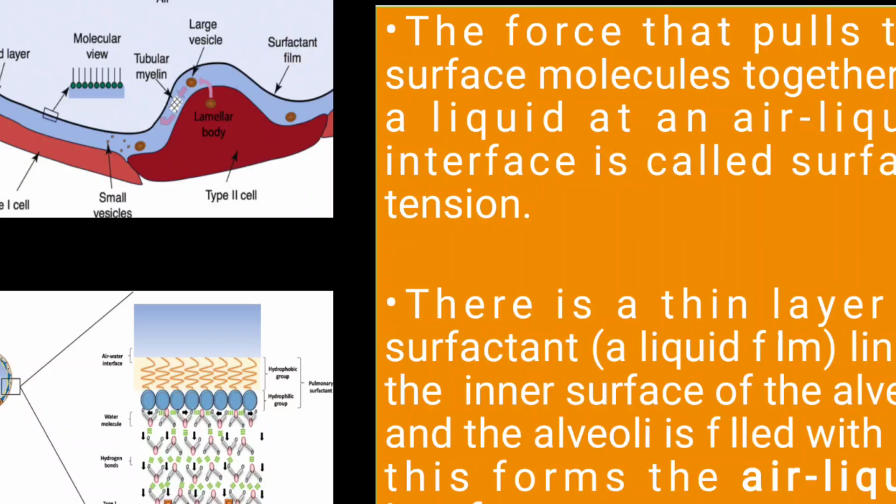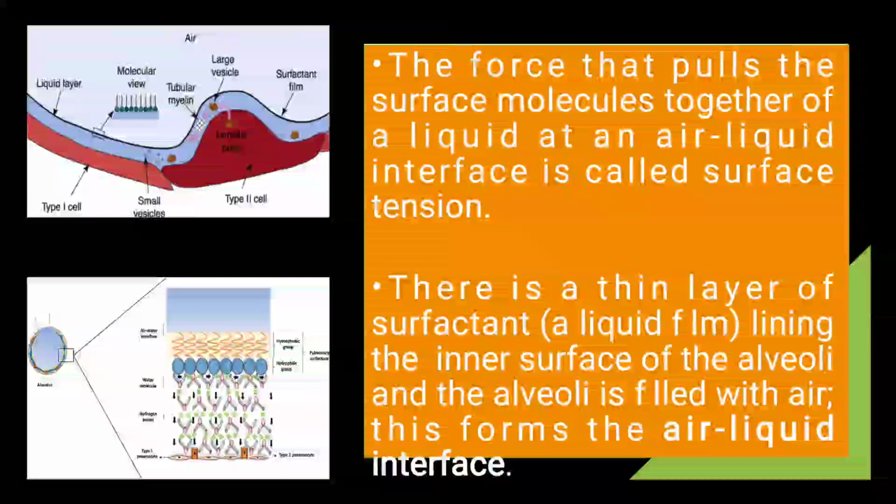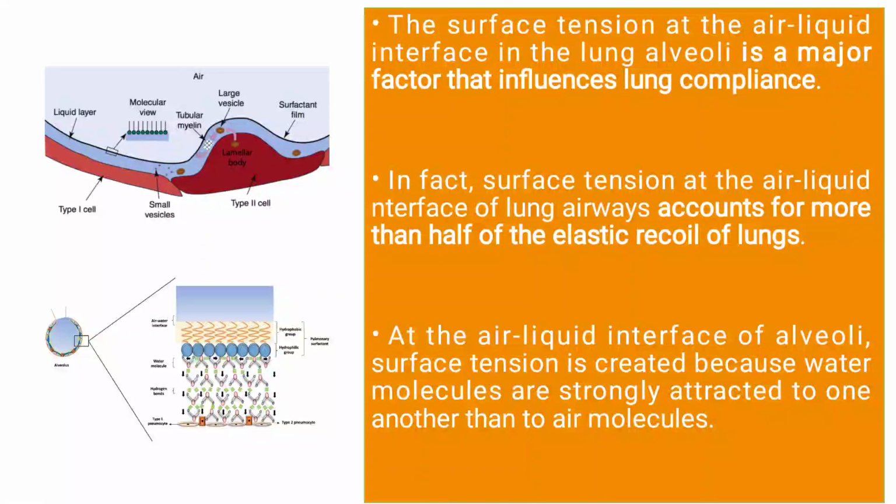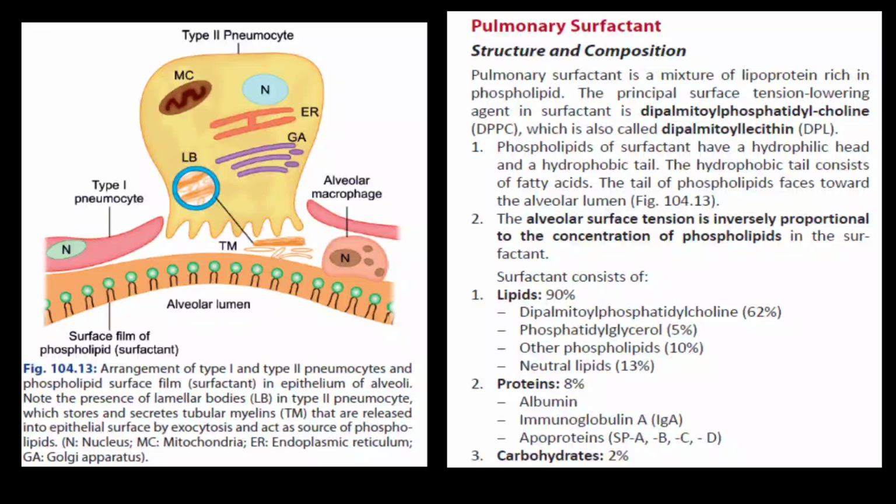And what is the effect of this surface tension? It opposes the distensibility or the compliance, so it favors the collapse of the alveoli. Now, in the lung, in order to reduce the surface tension at the inner lining of the alveoli, we have a special chemical that is known as the pulmonary surfactant.